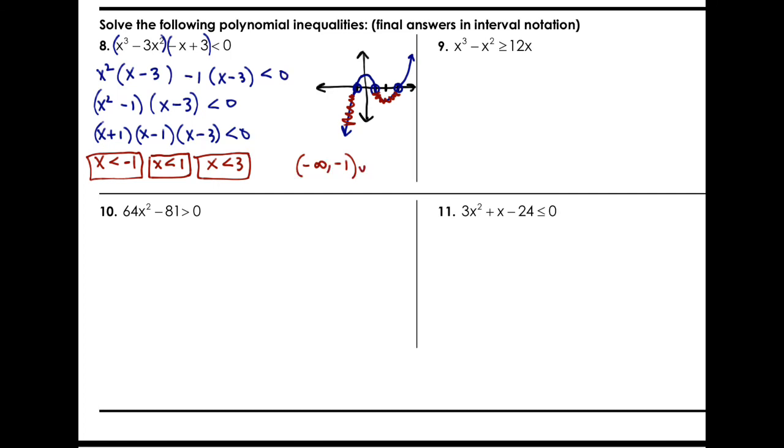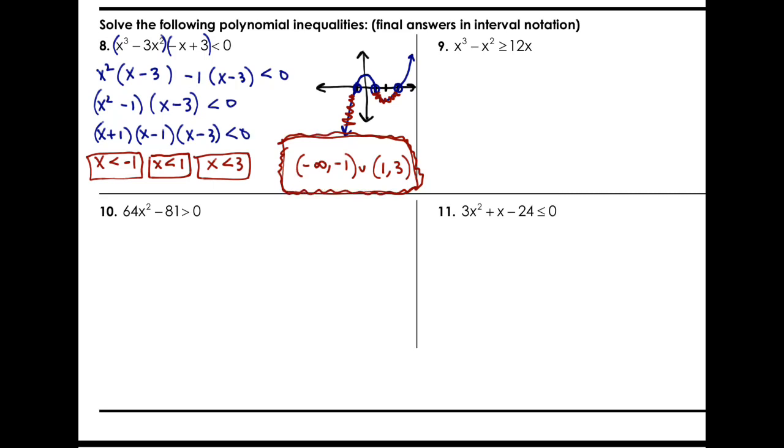And then we also shaded from 1 to 3. And there's our answer in interval notation. Let's do the next one.